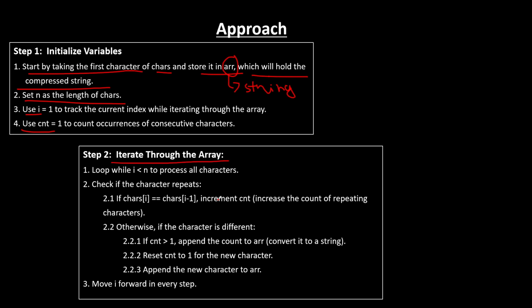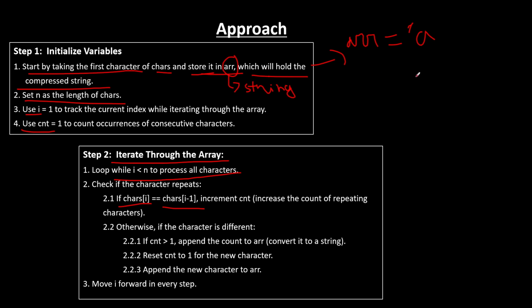Iterate through the array, while i is less than n, to process all characters. Okay. If chars[i] is equal to chars[i-1]. Now, here keep in mind that in the array variable we have already stored the first character, which will be A, because we take the first character of chars and store it in the array which will hold the compressed string.